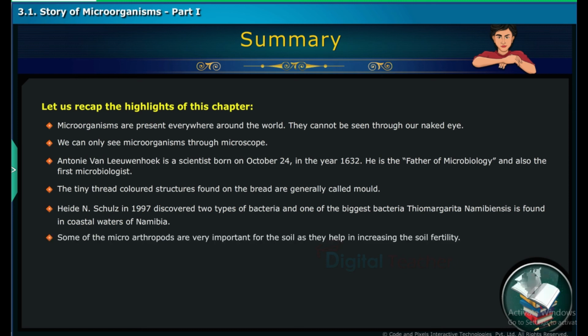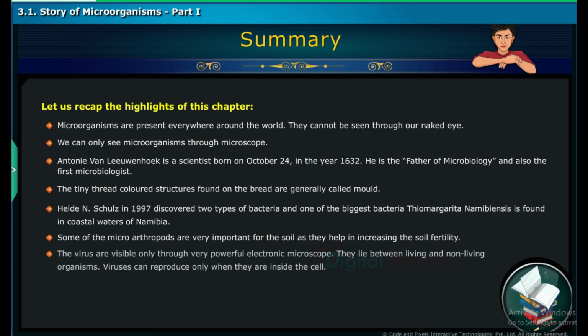Some of the microarthropods are very important for the soil as they help in increasing the soil fertility. The viruses are visible only through a very powerful electron microscope. They lie between living and non-living organisms. Viruses can reproduce only when they are inside the cell.